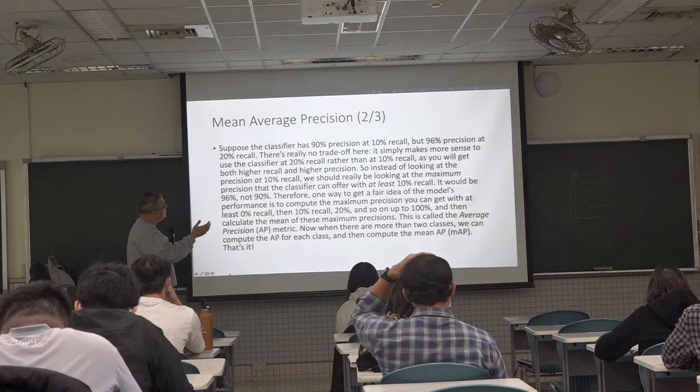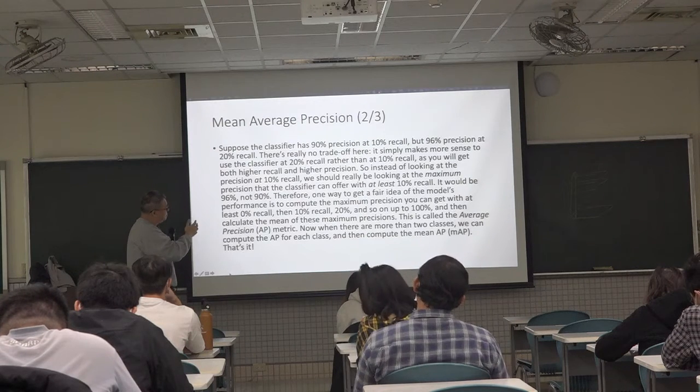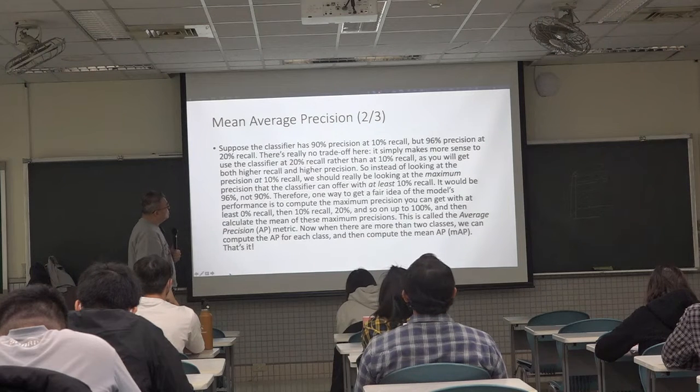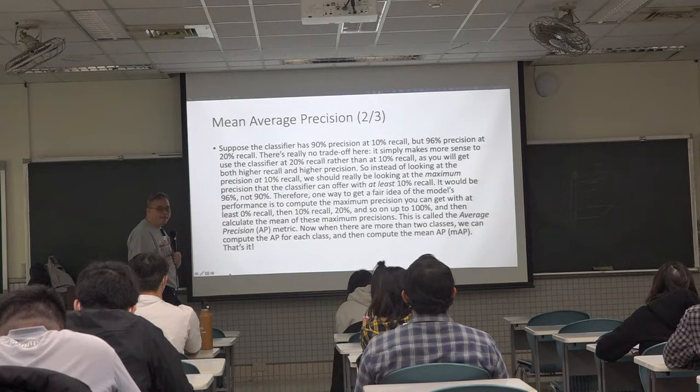Precision increases from 90% to 96%, and the recall increases from 10% to 20%, right? So it makes more sense to use the classifier at 20% recall rather than at 10% recall, because you will get both higher recall and higher precision.